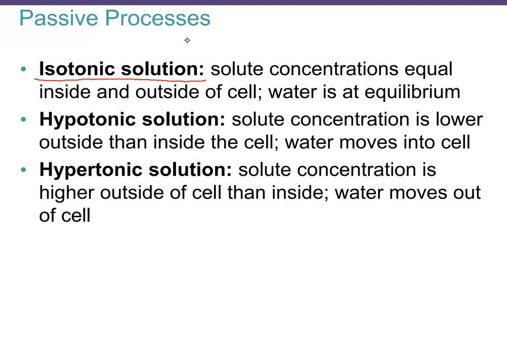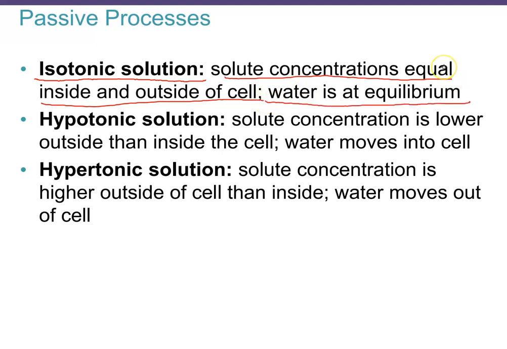That means the water concentration is also the same. That means there's no net movement of water if I were to place these solutions and separate them by a semi-permeable membrane. So the solute concentrations are equal inside and outside of the cell here in the examples given. You could also take a dialysis membrane. So that means no net water movement.